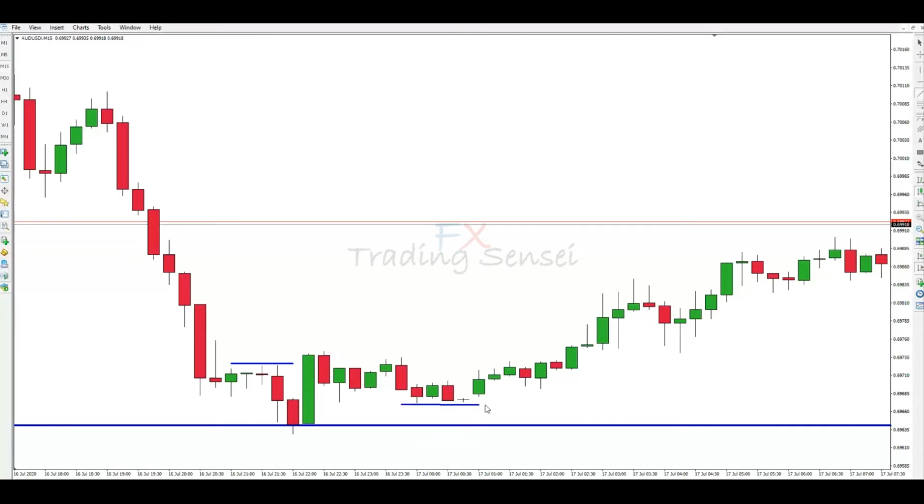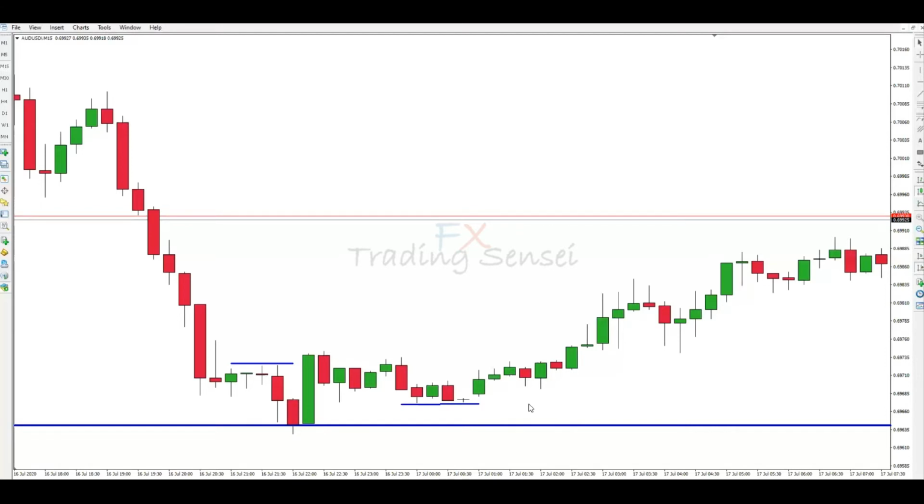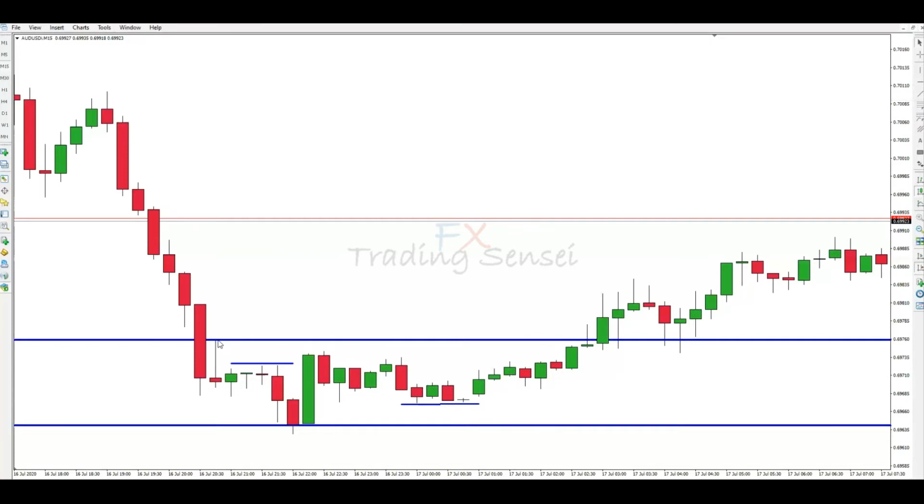You can see it stayed here for almost an hour. Since this is a 15-minute chart, each candlestick would represent 1 hour of time. So the price consolidated for an hour of time before starting to move up again. So what should be noteworthy for a trader is to see price break this particular level here.